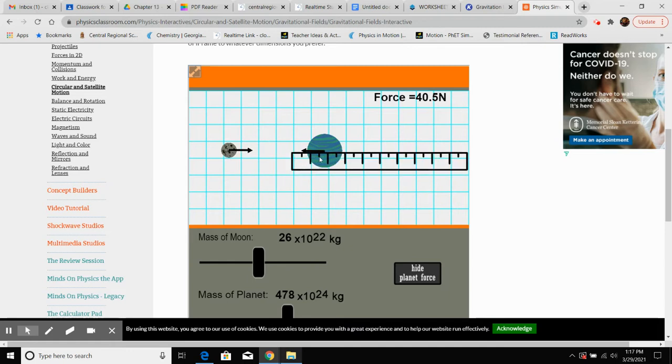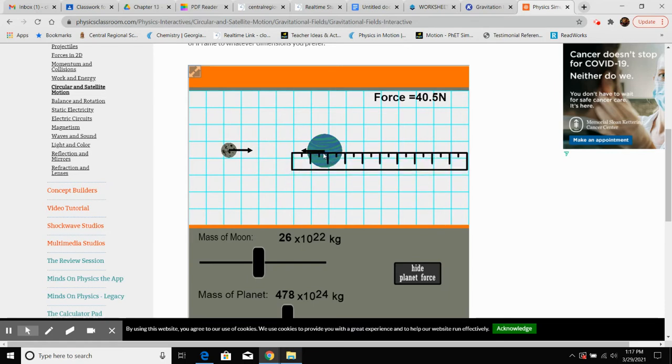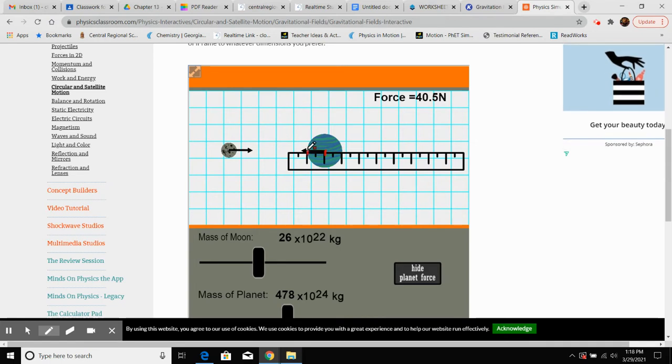Now I'm going to slide this over. Actually, I can, because that's one full unit. So the back here matches up just like that.